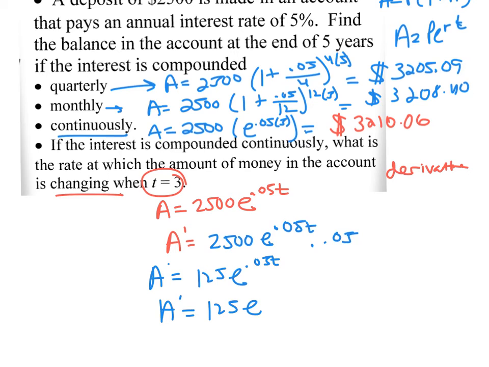Think about why we didn't plug in 3 at the beginning. That's right, because the derivative would be 0, so that doesn't make sense. So that comes out to about $145.23 per year. That's actually pretty good. The rate at which the amount of money is changing, that means it's increasing by that much when you hit year 3. That's pretty good. So I would like that.